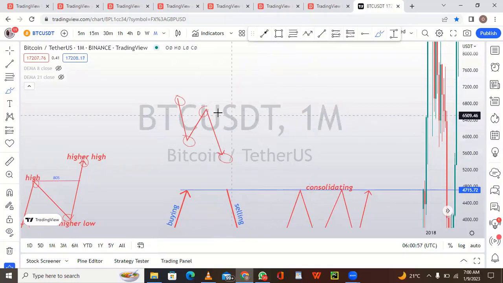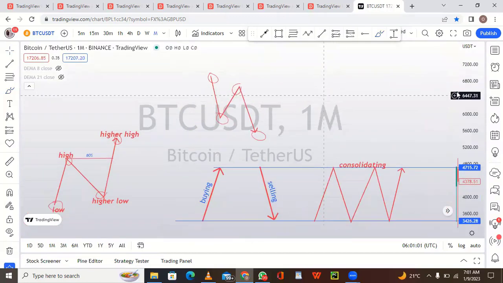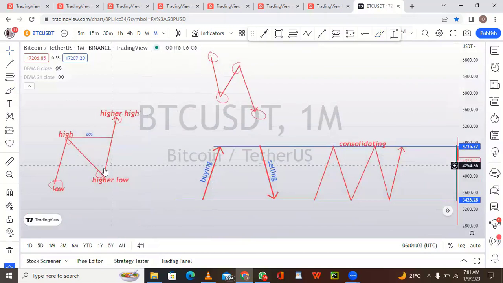What it means is that when you are in a bullish market, you're expecting a break of structure to the upside. All the moves that break structure to the upside are known as what? The impulsive move. While the move that created the higher low is known as what? The pullback or the retracement.